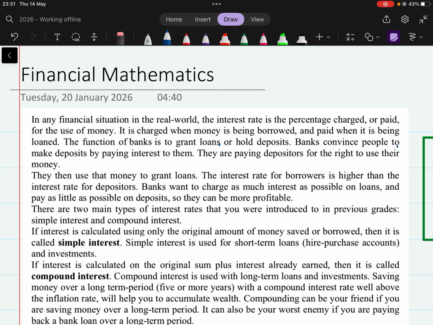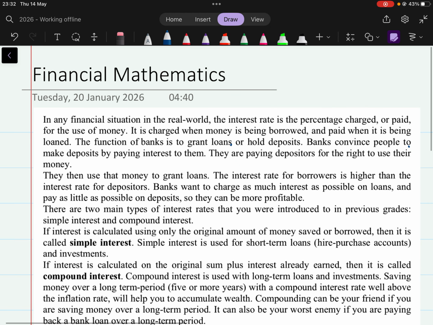Okay, so this interest rate is usually charged when money is being borrowed and paid when it is being loaned. The function of banks is to grant loans or hold deposits, and banks convince people to make deposits by paying them interest. They are paying depositors for the right to use their money in essence.